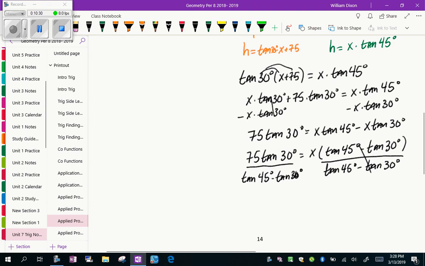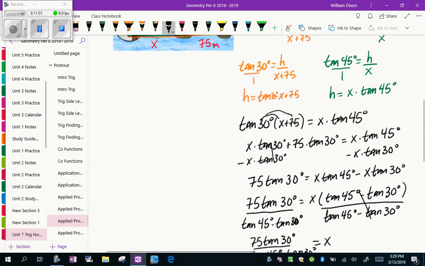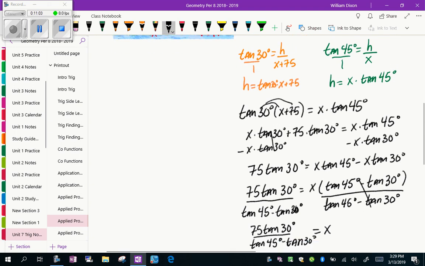And now I have 75 times the tangent of 30 degrees divided by the tangent of 45 degrees minus the tangent of 30 degrees. That equals x.